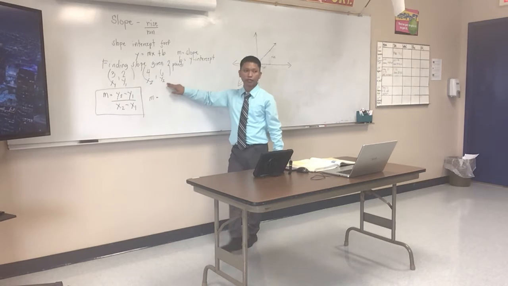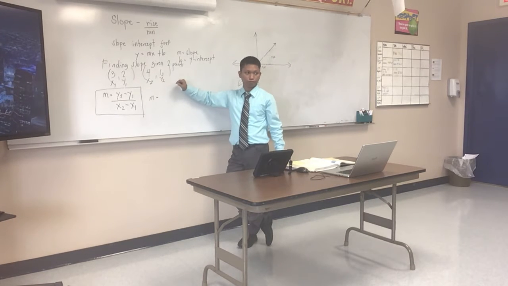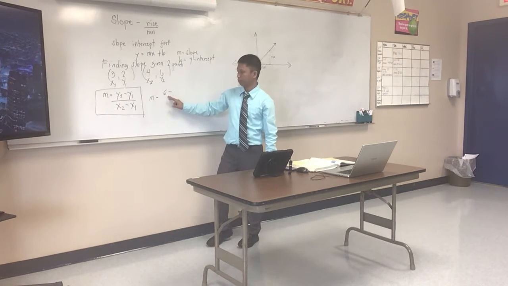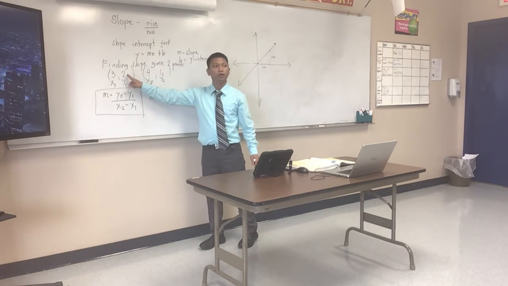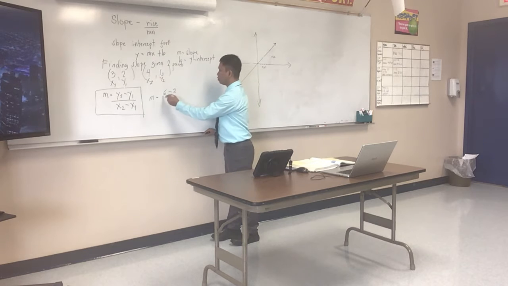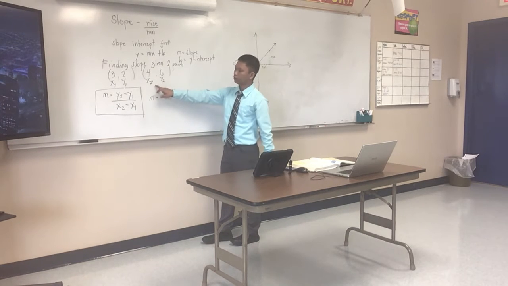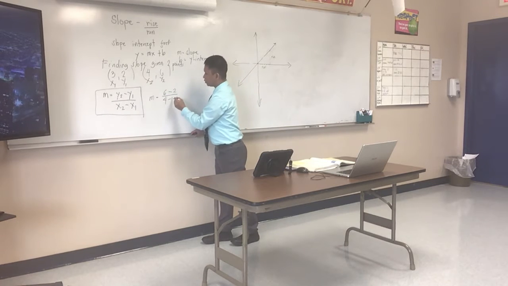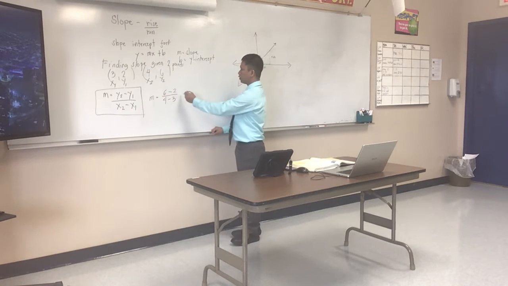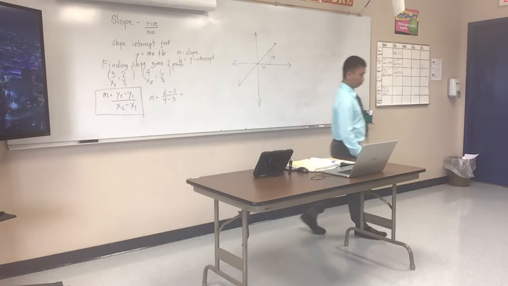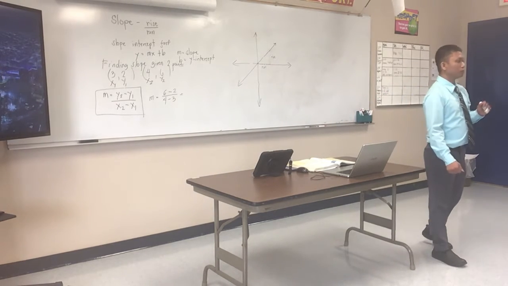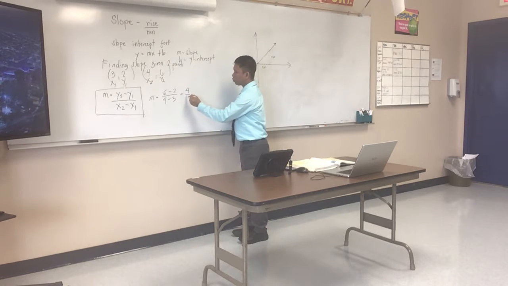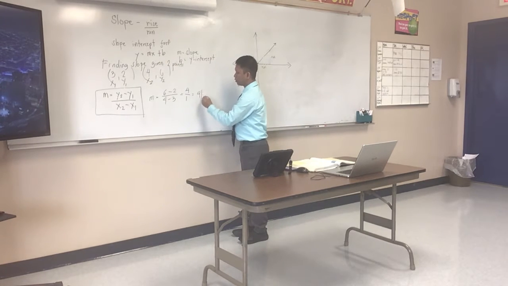Our y sub 2 is 6 minus y sub 1, 2, over x sub 2, 4, minus x sub 1, 3. So therefore, our slope here is 4 over 1, or 4.